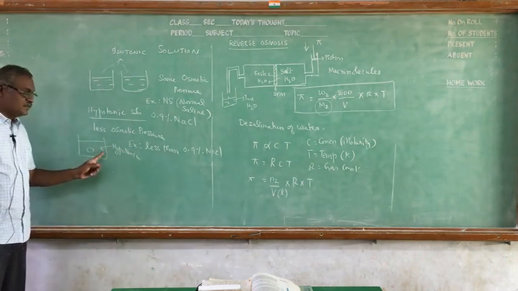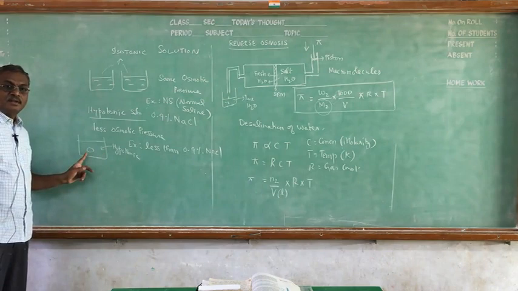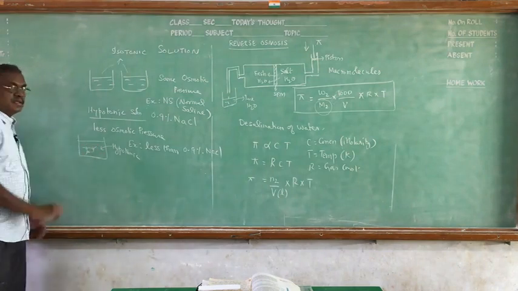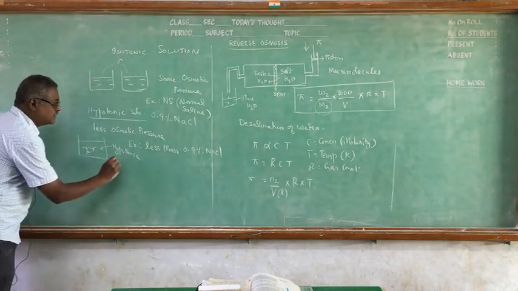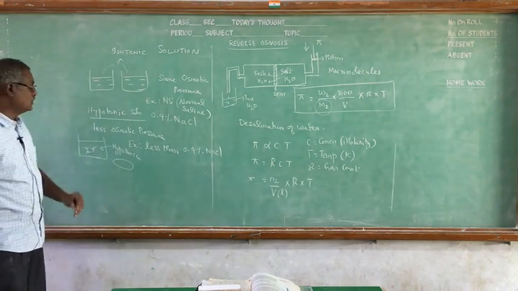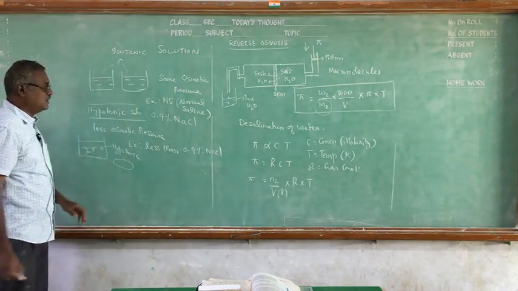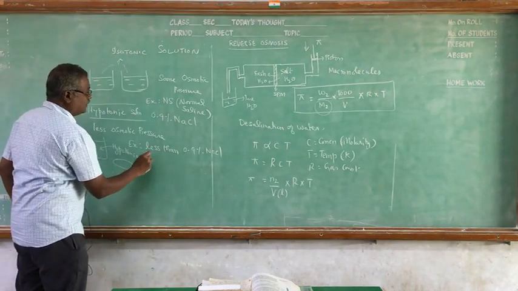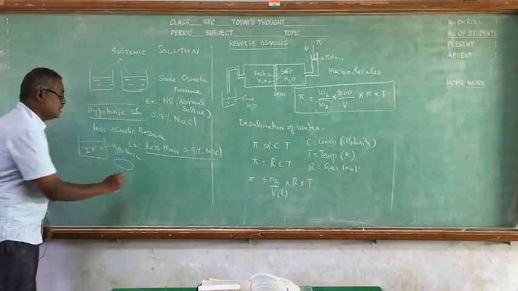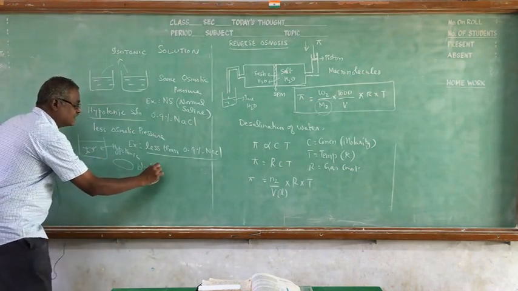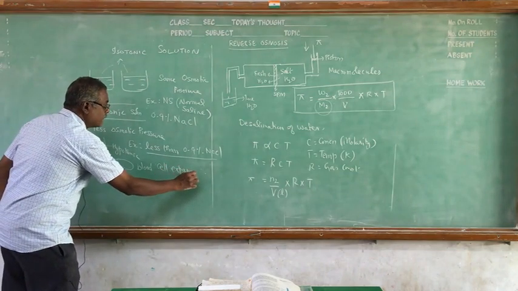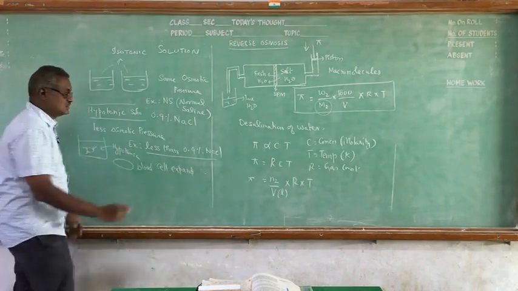The concentration of this solution is less, and the concentration of the blood solution is more. So water will go inside, the blood cell will expand, and after that it will explode. So in hypotonic solution, less than 0.9% sodium chloride, the blood cell expands and bursts.